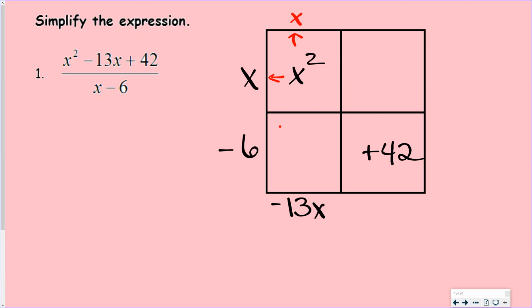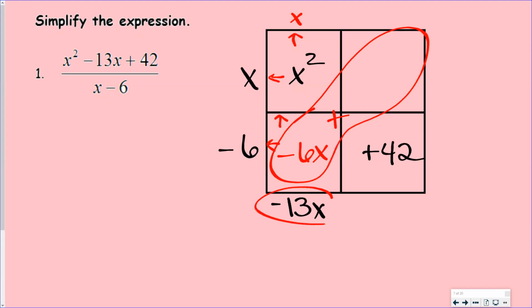So then when I go to fill this box, I go to the top, I see I have an x, and I see I have a negative 6, so that gives me negative 6x. Well, in the end, these two boxes right here need to combine to make negative 13x. So then, how can I get negative 13x when I already have negative 6x? Well, that's got to be minus 7x.